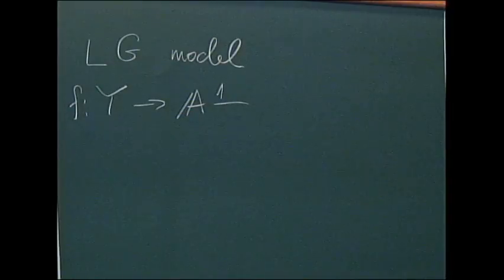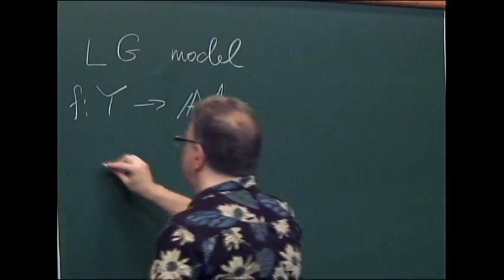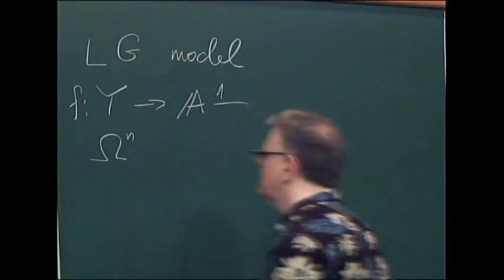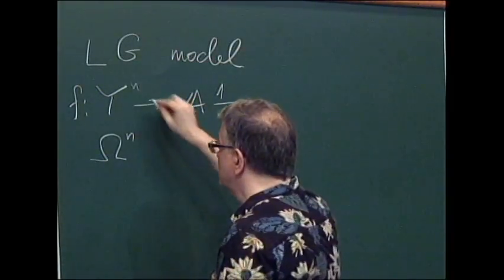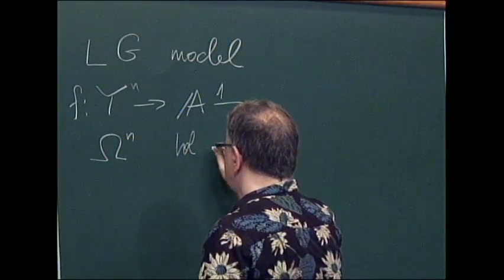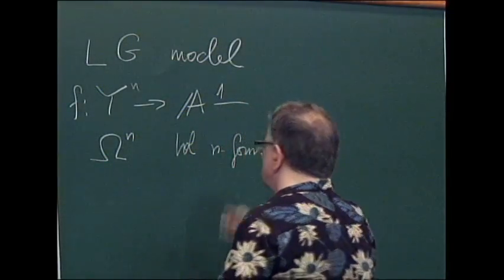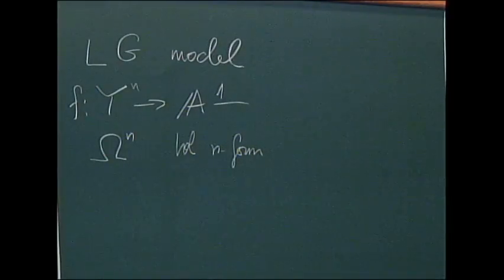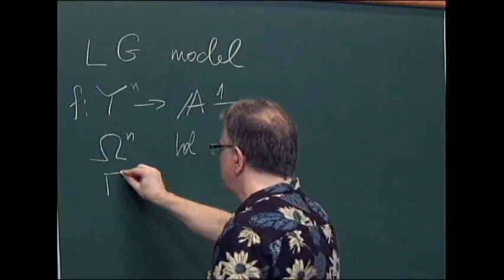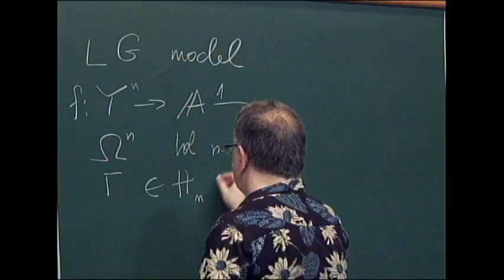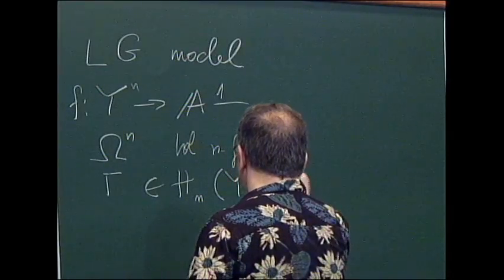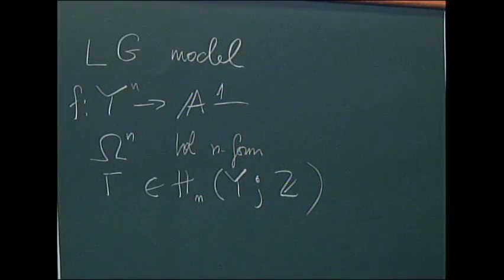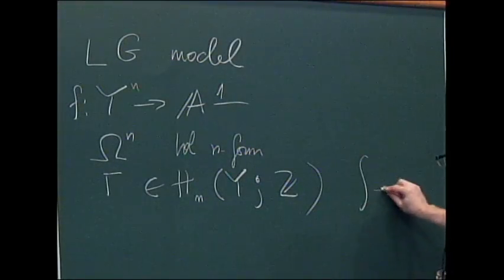And on Y, I also want an n-form omega, a holomorphic n-form. Y is also n-dimensional. And a cycle gamma, a real dimension n cycle of the integers. And I normalize my volume form so that the integral of omega is 1 on gamma.